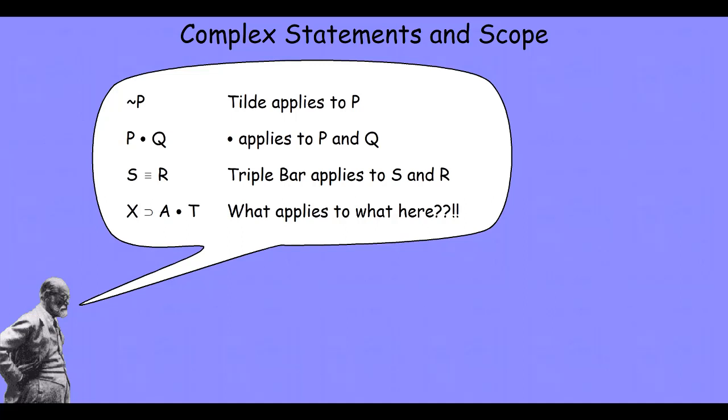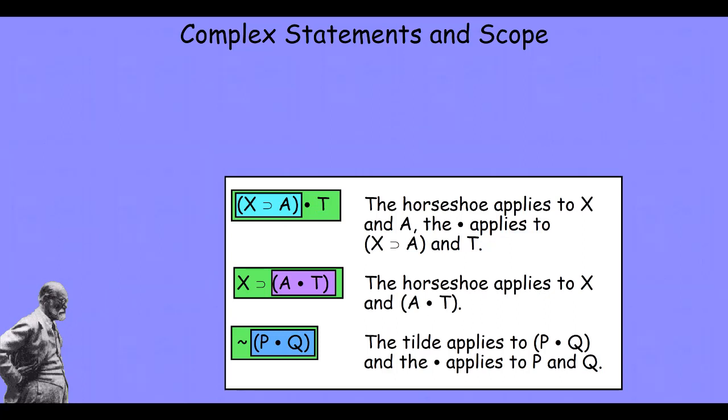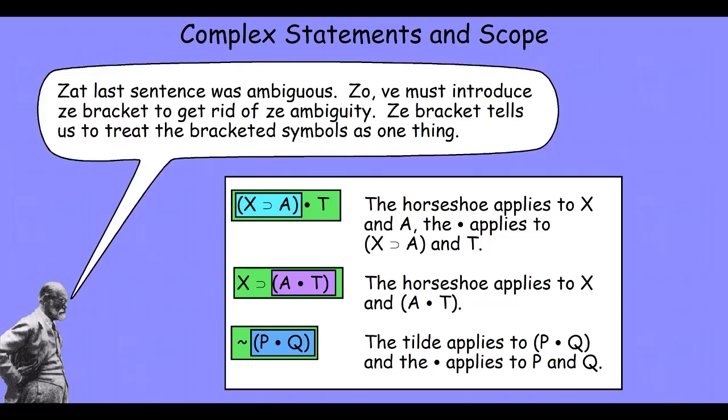It's not, as logicians say, a well-formed formula. It's ambiguous. It doesn't say anything that's either true or false definitively. And so we introduce a mechanism for disambiguating those sentences. And the mechanism is really simple. We just use parentheses, brackets, to indicate what logical connectives apply to what simple statements in what order.